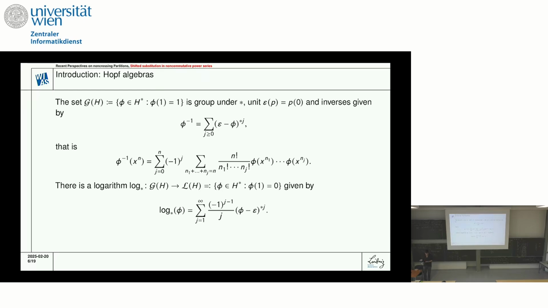And we can also define a logarithm that takes a linear map sending 1 to 1 and gives me a linear map sending 1 to 0 by the usual power series, but now the powers are replaced by convolution powers. Okay, so I've done nothing else than just rewriting what we know already for power series in a slightly more complicated way.